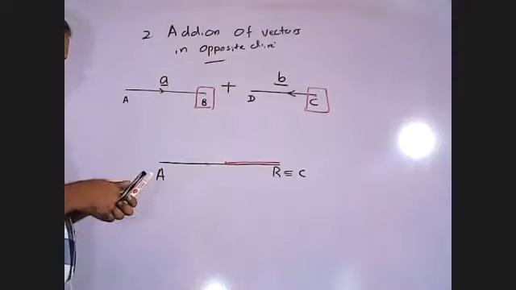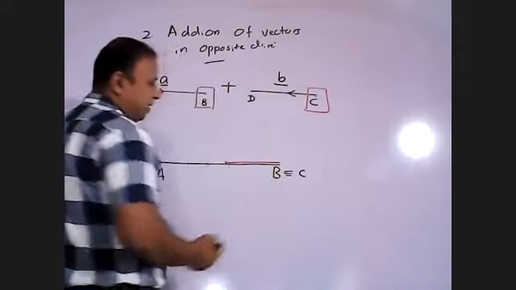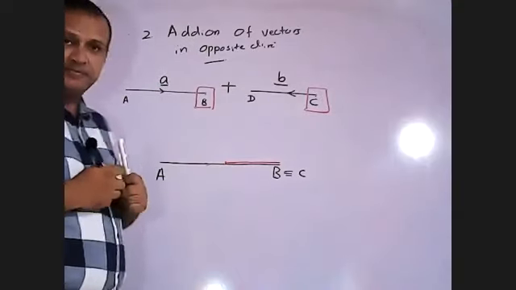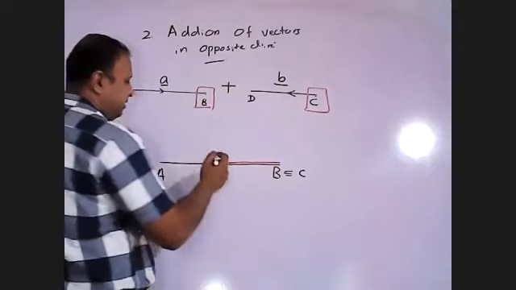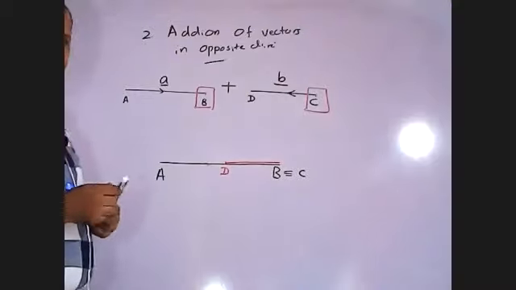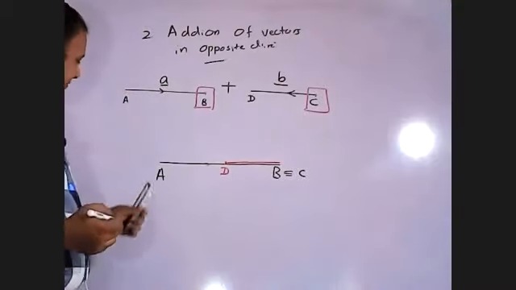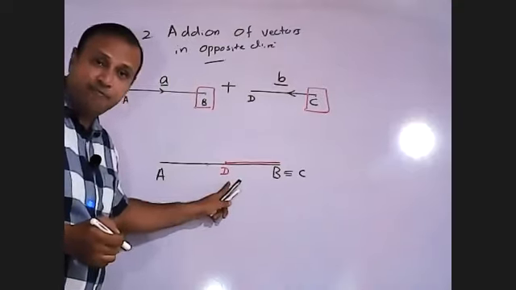You can use different colors. If you have two pens, then use different colors. Then this is D. Now this is the starting point. This is the end point.